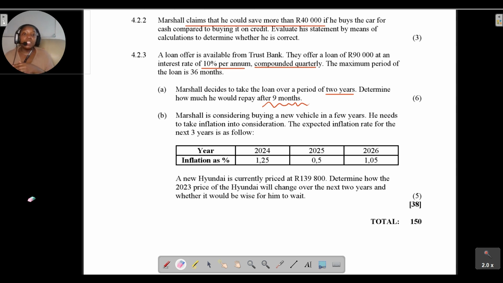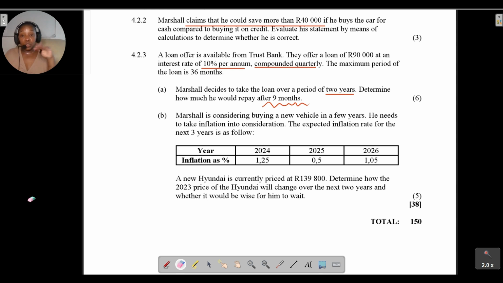We are given the expected inflation rates for the next 3 years. We are told that in 2024, the inflation rate is 1.2%. In 2025, the inflation rate is 0.5%. In 2026, the inflation rate is 1.05%.